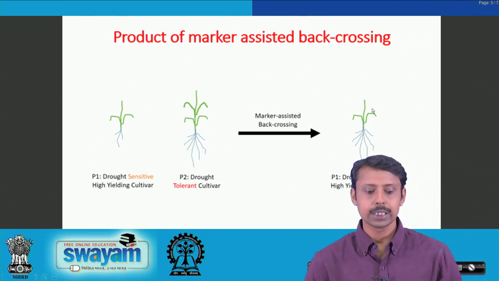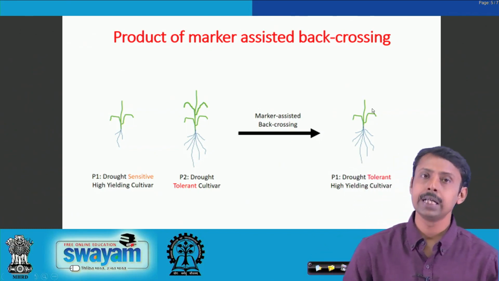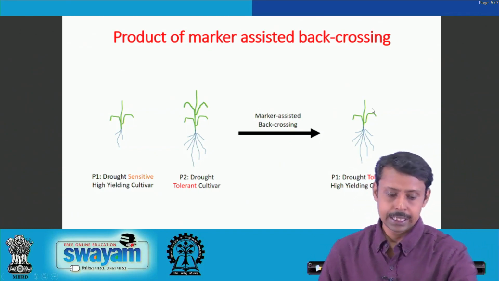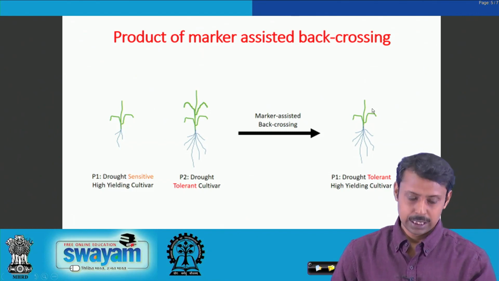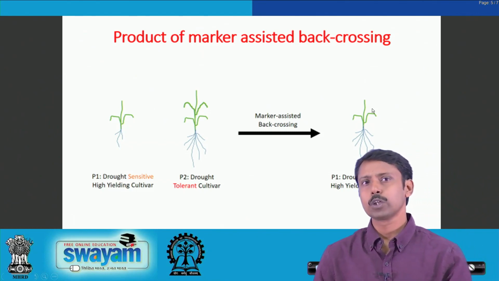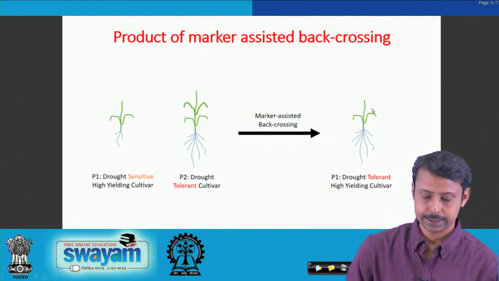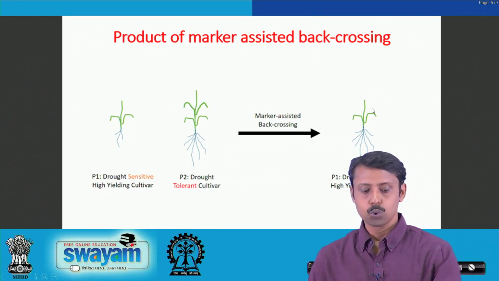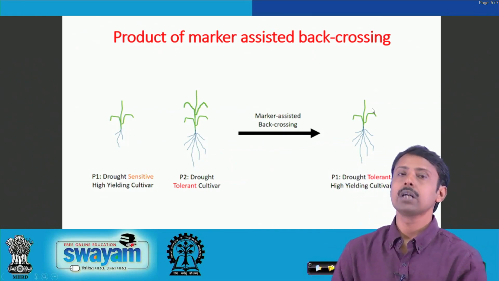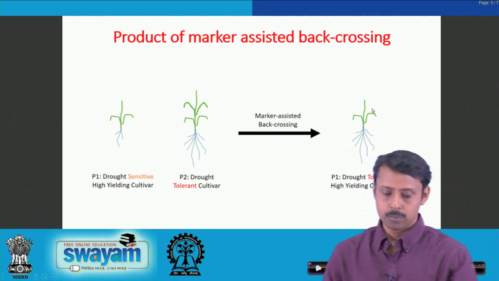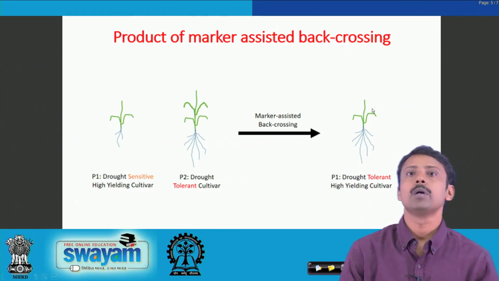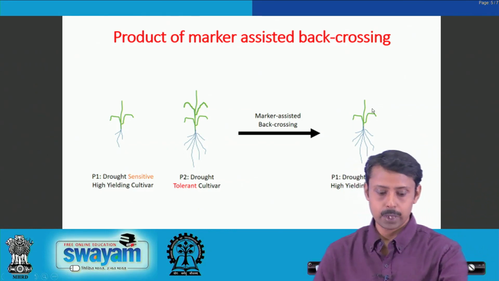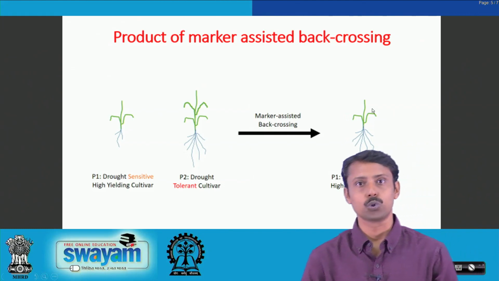In P1 you can see the drought sensitive high yielding cultivar, it is semi dwarf in nature, its root growth is poor because it is sensitive to drought stress. Whereas P2, which is the drought tolerant cultivar, is taller, its vegetative growth is huge, maybe reproductive growth is lesser, but it has profuse root growth.